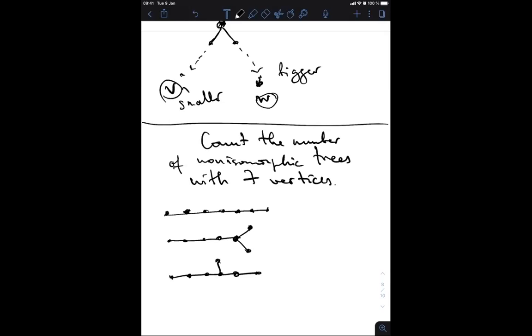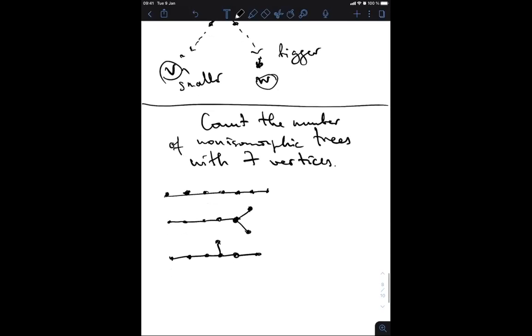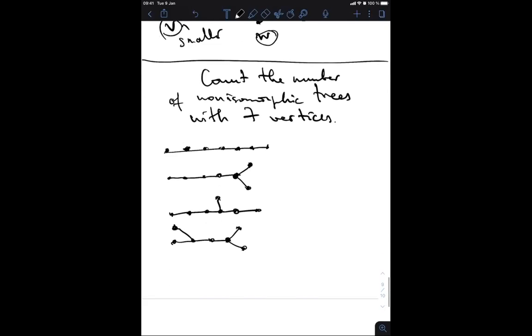Okay, say we have two vertices of degree 3 in this situation. Can this happen? Yes, it can happen. We can have a situation like this. This is one guy, and this is another guy. Yes, 1, 2, 3, 4, 5, 6, 7.